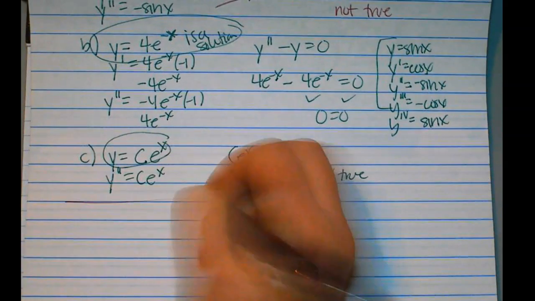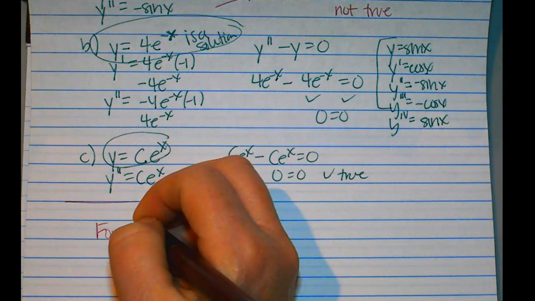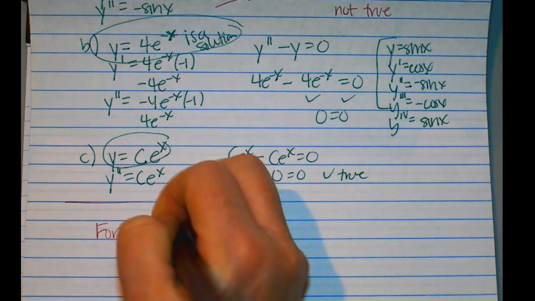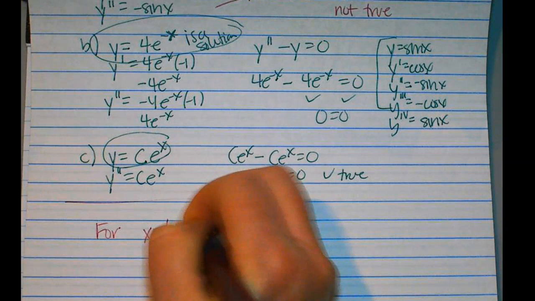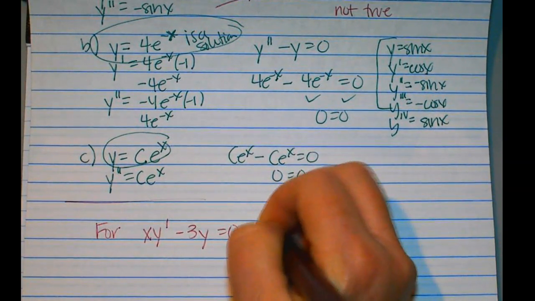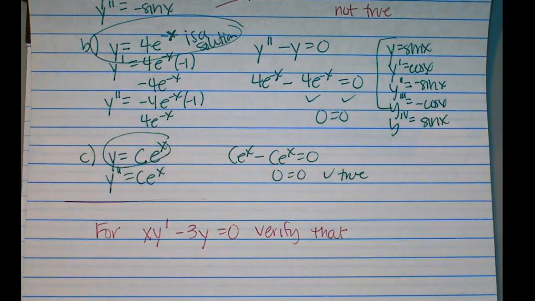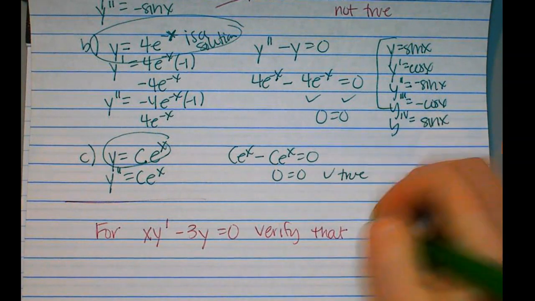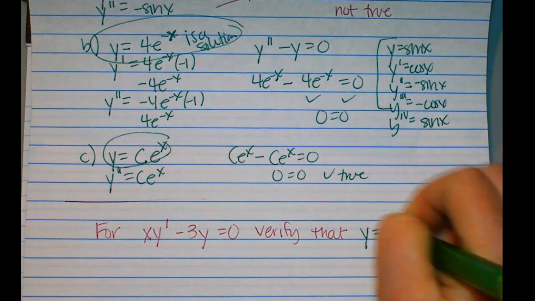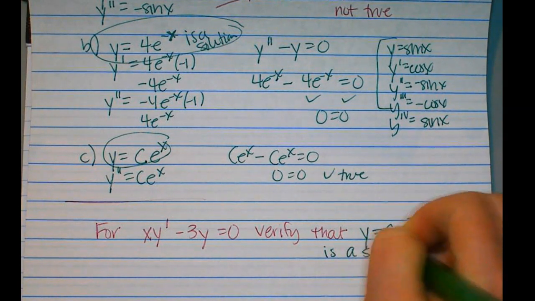For this, my pen is dead. Xy prime minus 3y equals 0. Verify that y equals cx cubed is a solution.